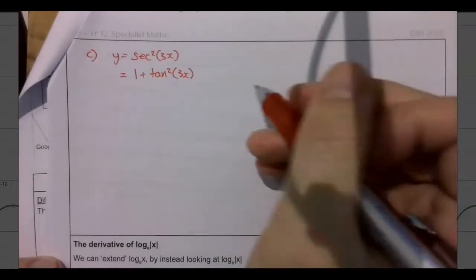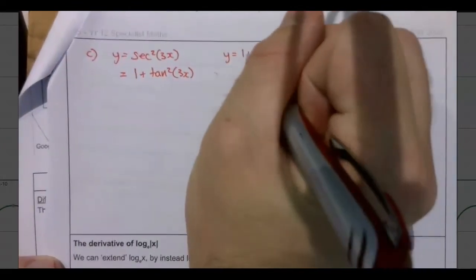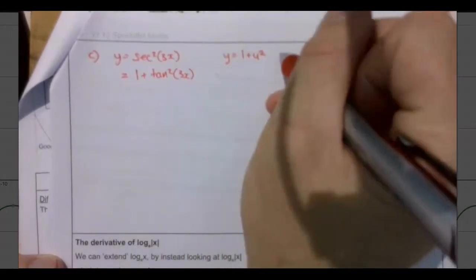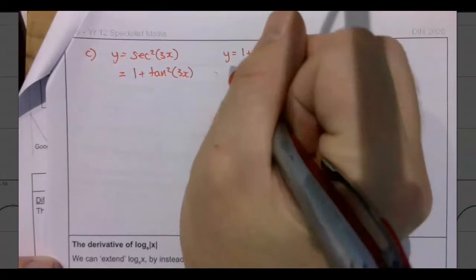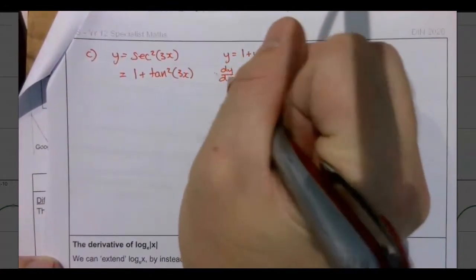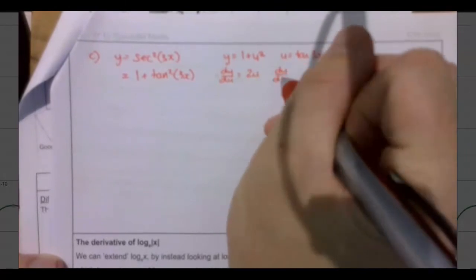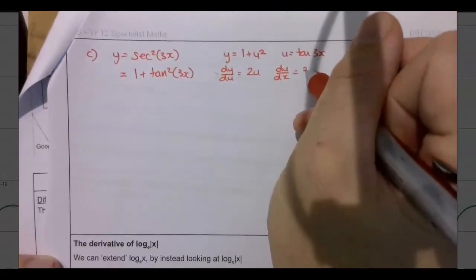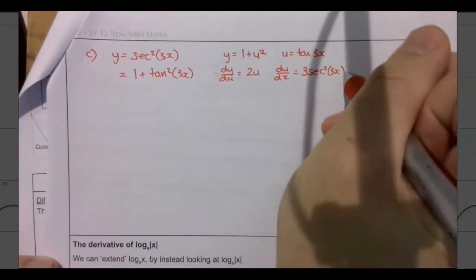So here y equals 1 plus u squared and u equals tan of 3x, which tells me that dy by du is 2u and du by dx is, be careful of the k, 3 sec squared of 3x.